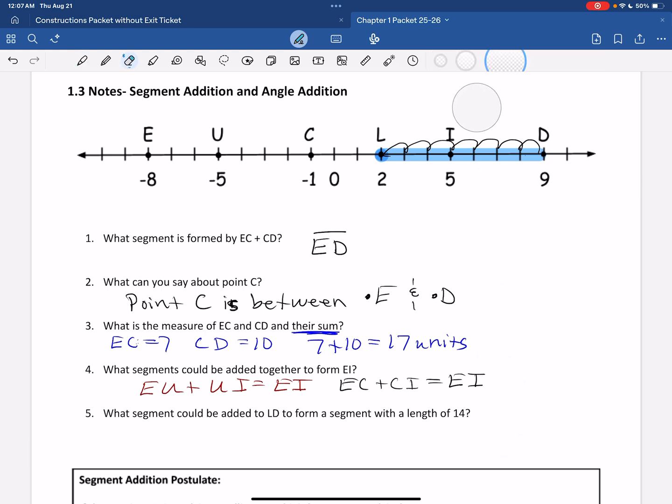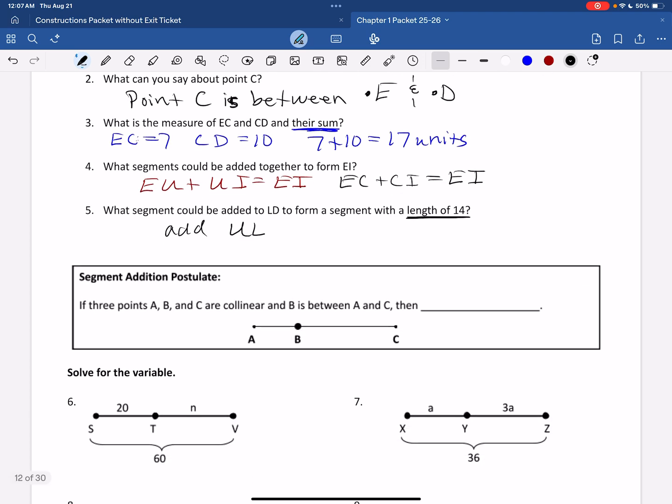So this is 7 units, but I want it to be 14. So I need 7 more. 1, 2, 3, 4, 5, 6, 7. So then that means that I need to add UL. So we're going to add UL.